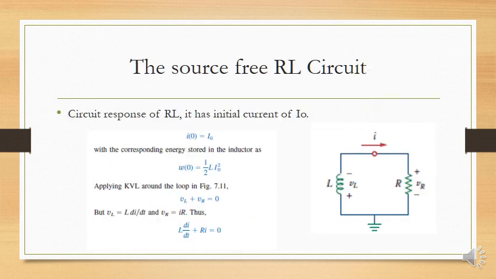Now our second case, that is the source free RL circuit. Previously we were studying the source free RC circuit. Now an inductor is present in our circuit, and we are going to find out the response of the inductor. In case of capacitor, we were going to find out the response with respect to voltage. Why?